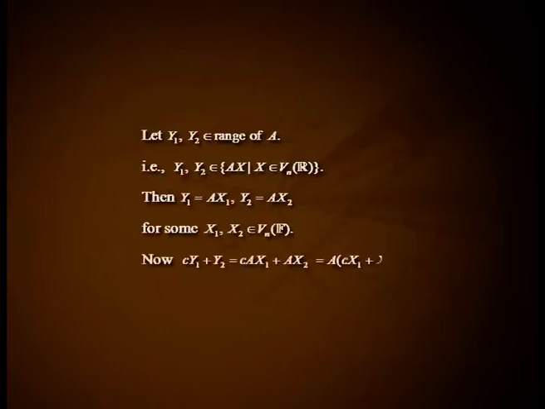Now, cy1 plus y2 is equal to cAx1 plus Ax2, which is equal to A times (cx1 plus x2). Hence, cy1 plus y2 belongs to the range of A. This shows that the range of an m by n matrix A is a subspace of VmR. Range of A is also called range space of A.